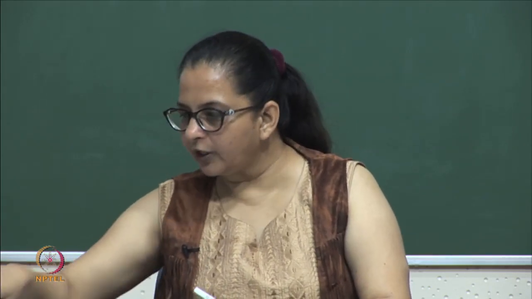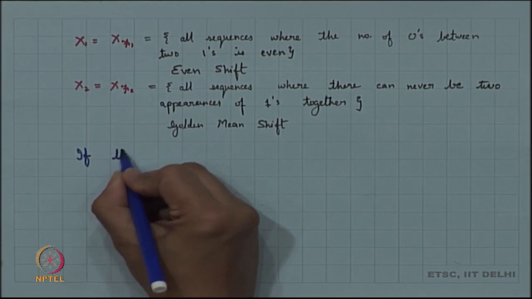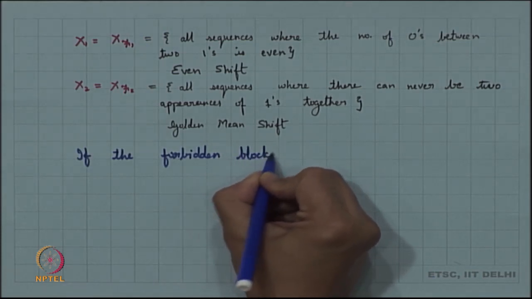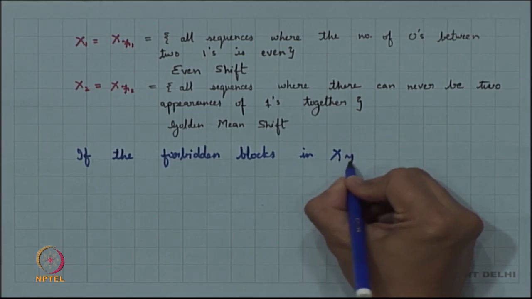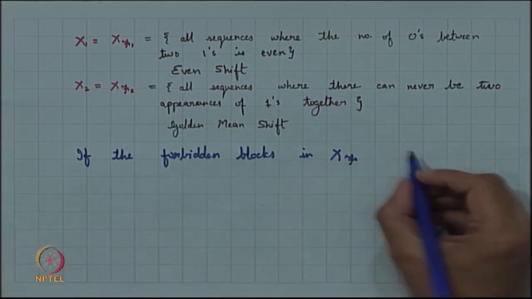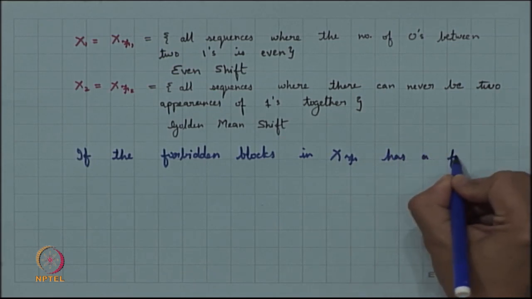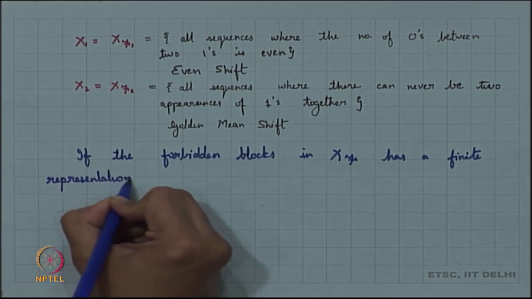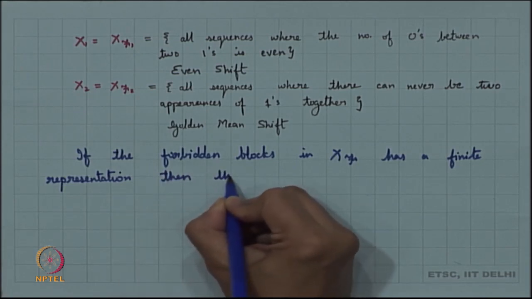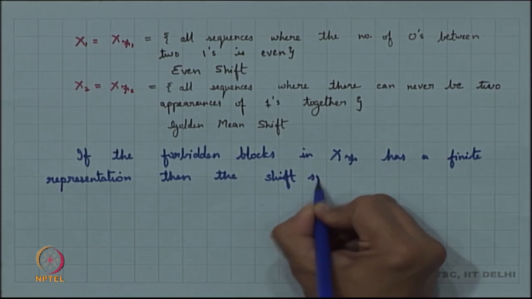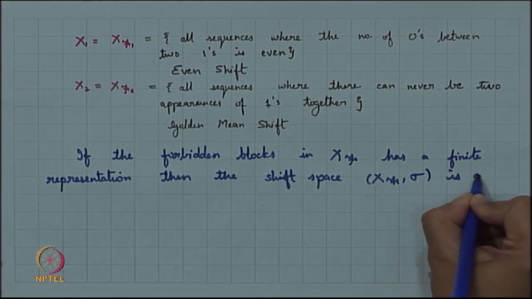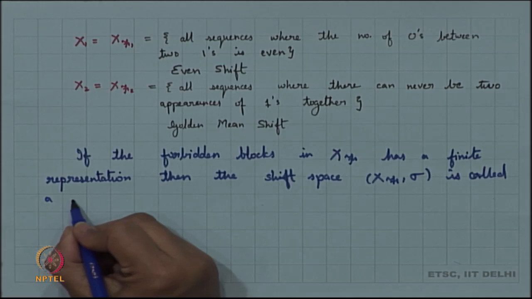We look into this distinction, and we say that whenever I am taking a subshift, if the forbidden blocks have a finite representation, then the shift space X_F, which is my subshift, is called a subshift of finite type.